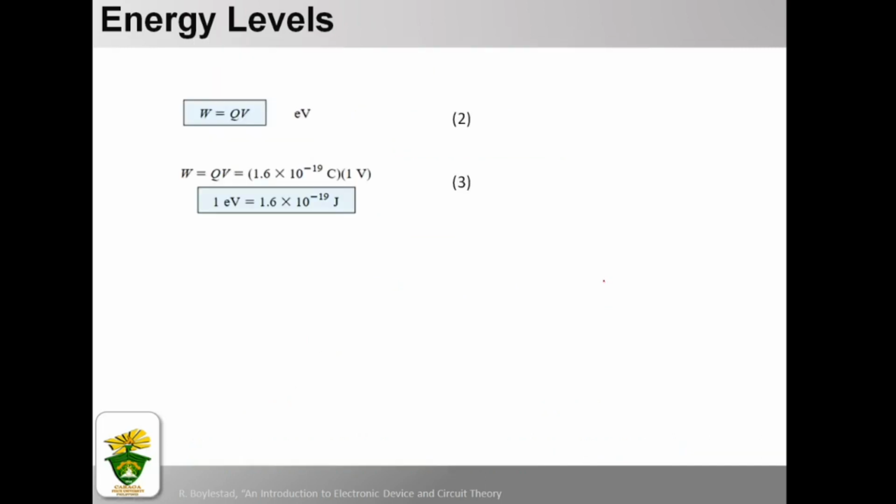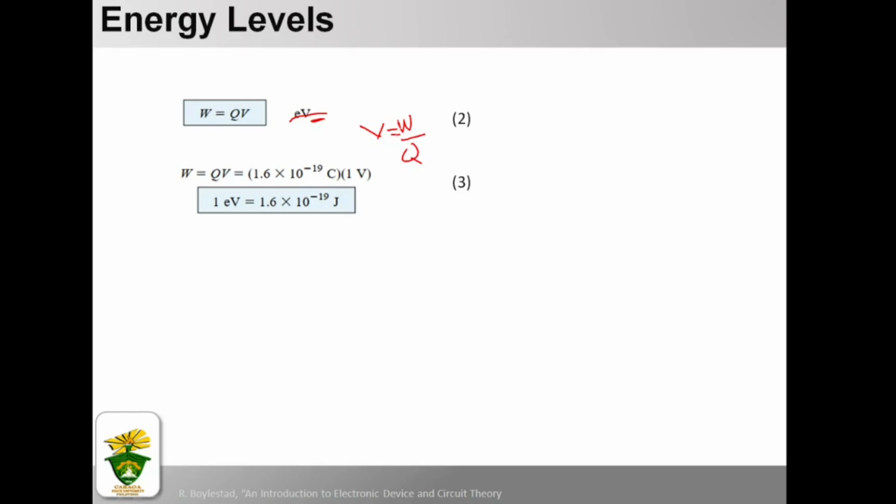Also, take note that the energy associated with each electron is measured in electron volts. The unit of measure is eV. As defined from the defining equation, V is equal to work, or the energy, over the charge. The charge Q is the charge associated with a single electron.